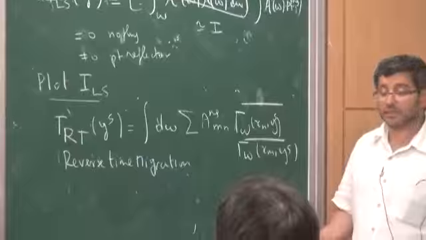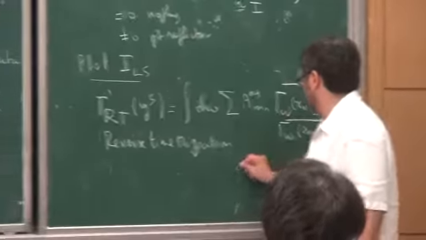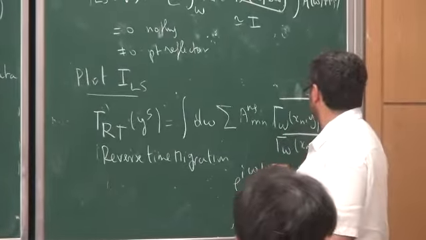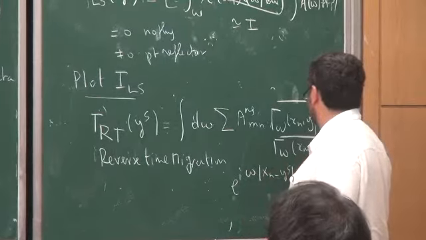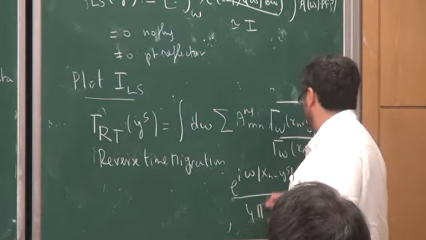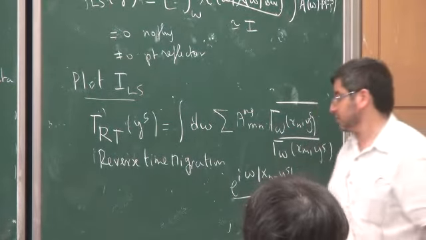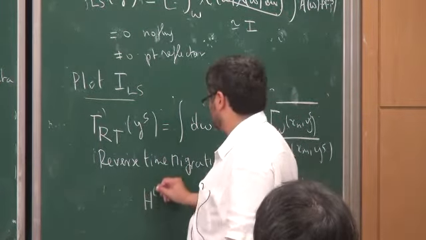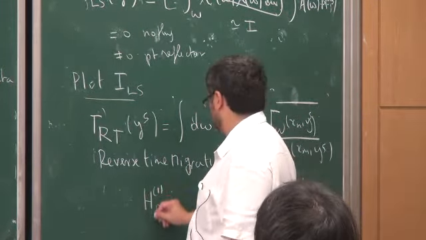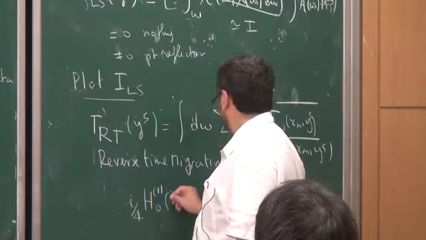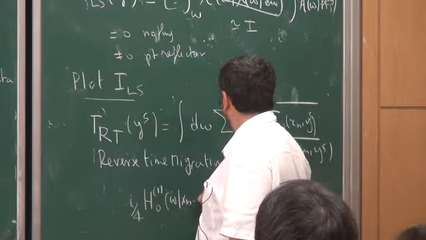It's complicated. So in 3 dimensions, it's exponential i omega xn minus ys over 4 pi xn minus ys. In 2 dimensions, it's even worse: H0 1 over 4, this is minus plus omega xn minus ys.